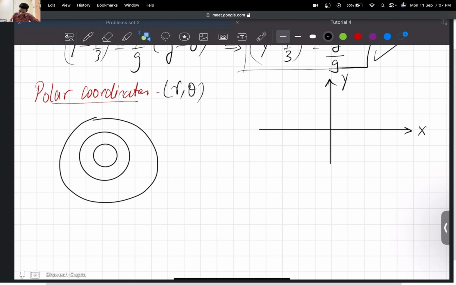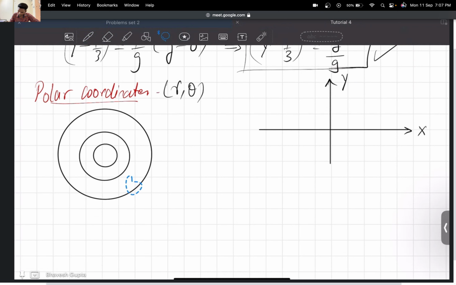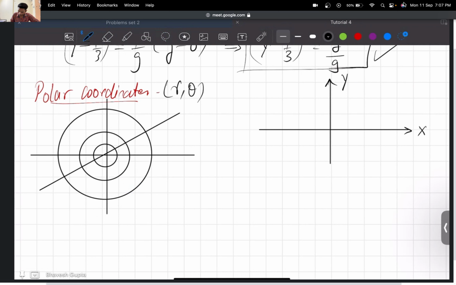We have concentric circles, and this concentric circle represents different values of r.